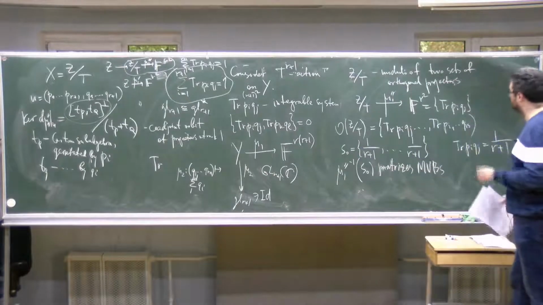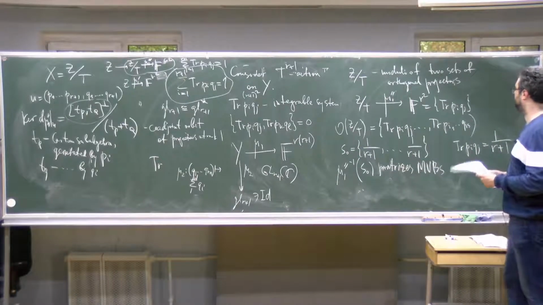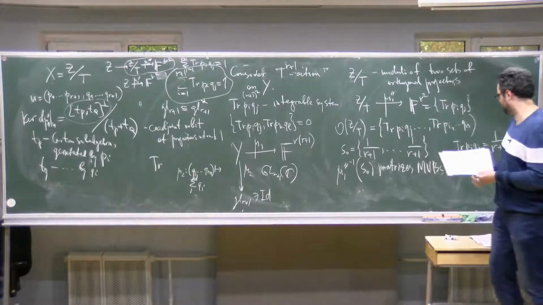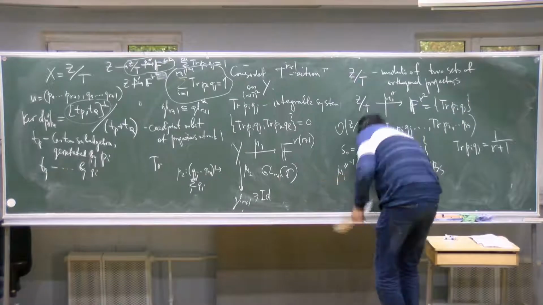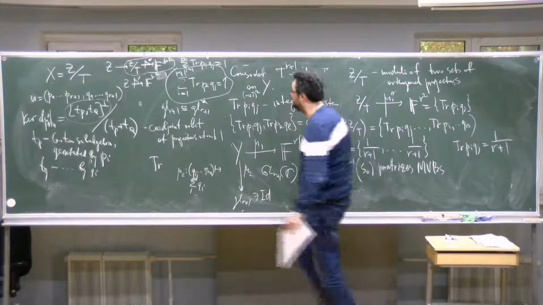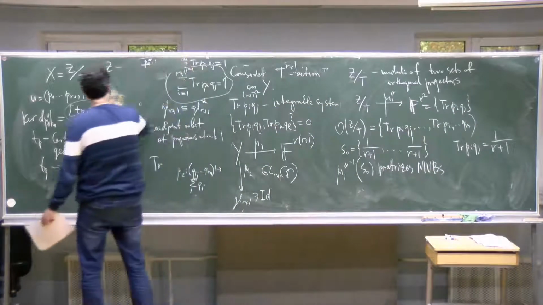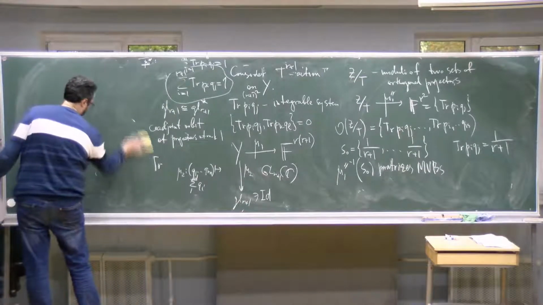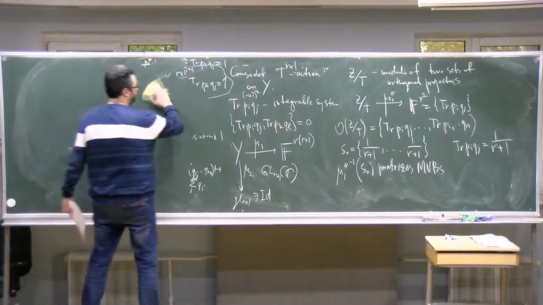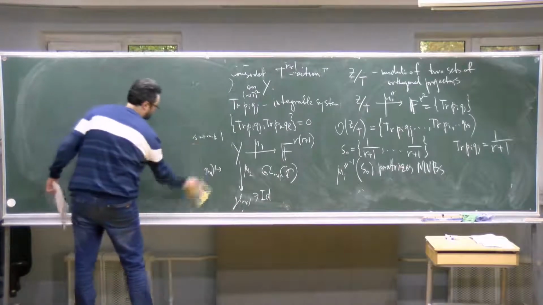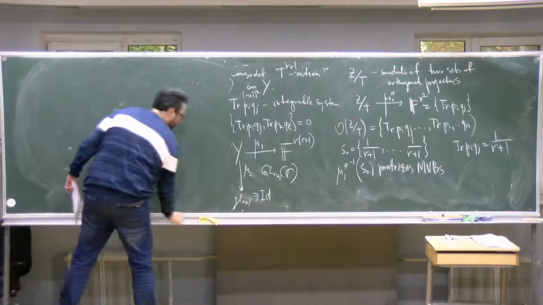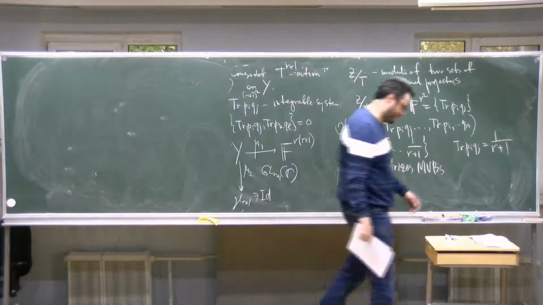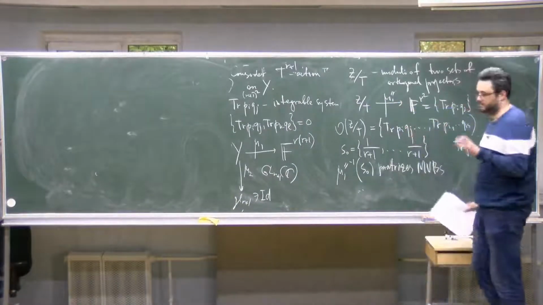Another question is what's the property of this map mu1 2 prime? It is well known that mu1 2 prime is dominant. Dominant means it's something like surjective.